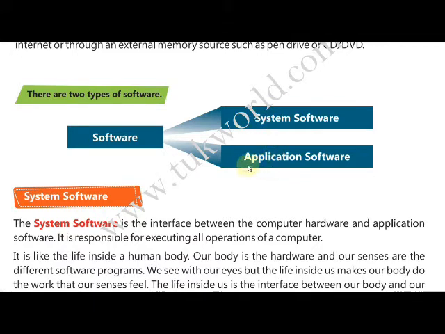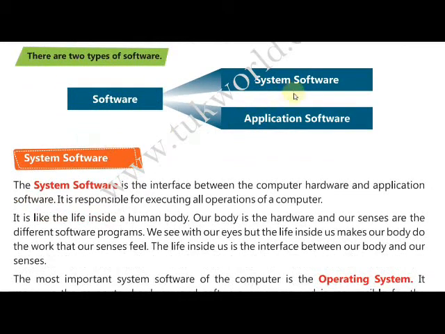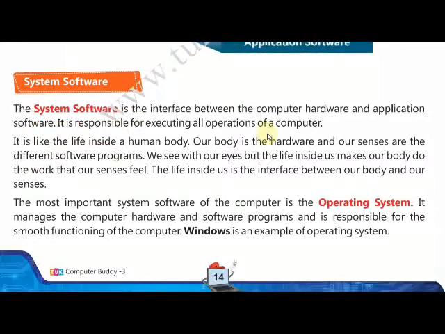That means without system software you cannot install application software separately. Okay, so this is about system software and application software. So these are the types of software. Now let's see in detail about system software and application software.